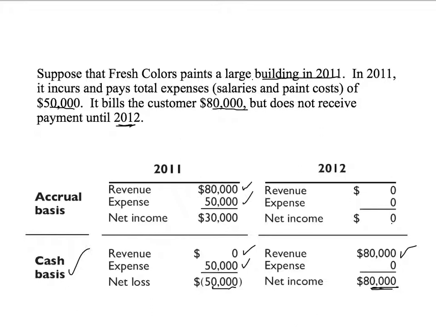But in this case, we incurred them and paid them in 2011. So our net income in 2011 is $30,000. In 2012, nothing happens. So you can see why accounting has to be on the accrual basis, because that is the only way we can match revenue against the expenses incurred to earn that revenue.